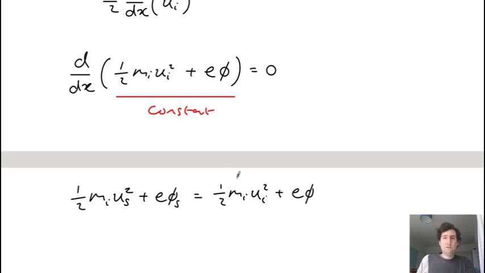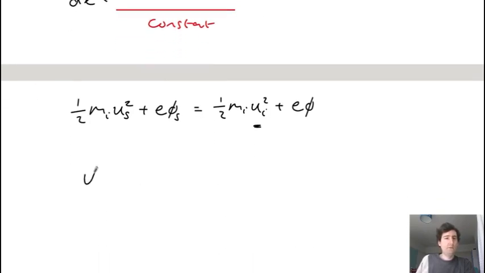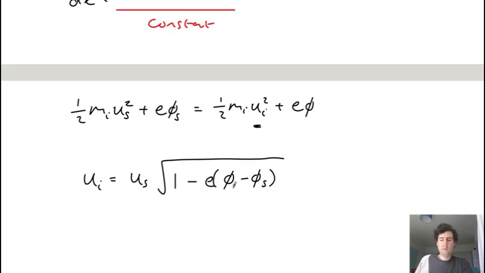So then we rearrange this equation and make the subject this u_i. So we put that on the left hand side, and we take out a factor of u_s. So we end up with a u_s here, square root. Now we've got a 1 here, and then on this side we've moved over phi_s minus phi. So we end up with an e as the factor at the front.